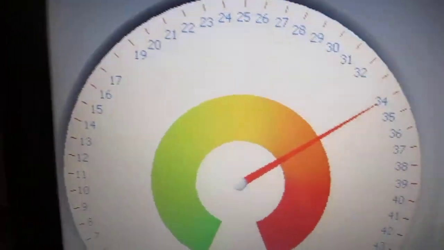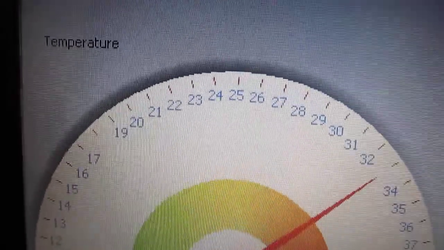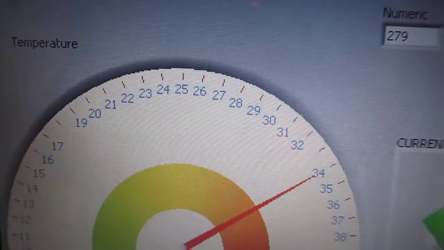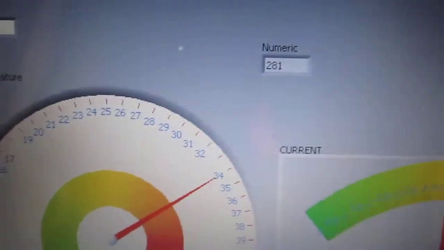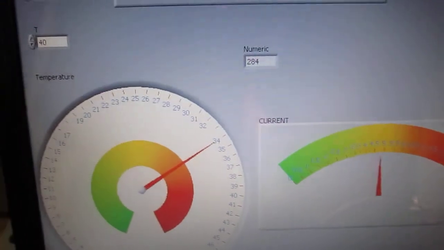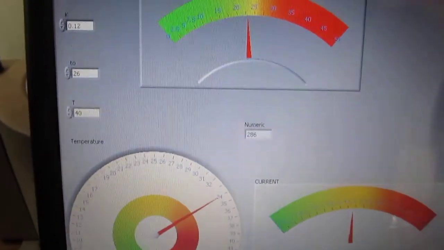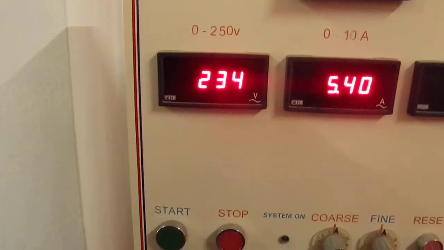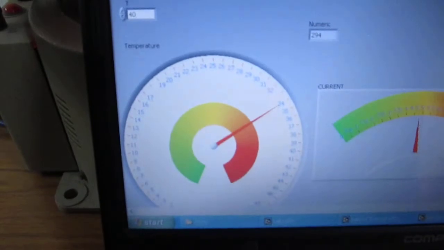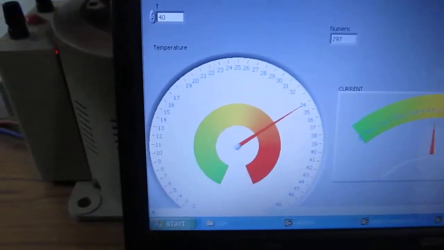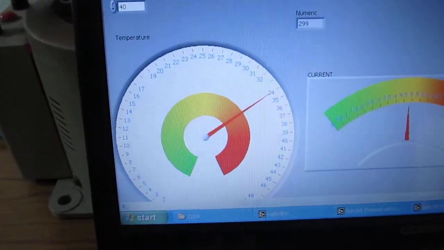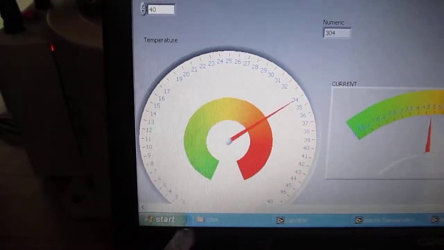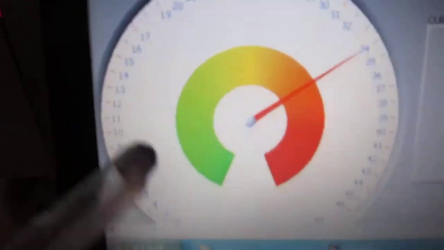You can see the rise in temperature. Yes, now the temperature is 34. It takes some time for the winding to heat up.